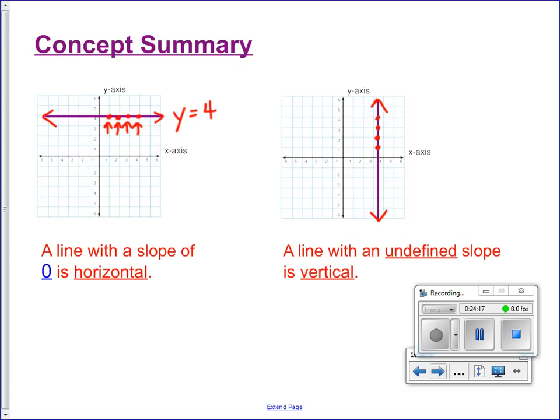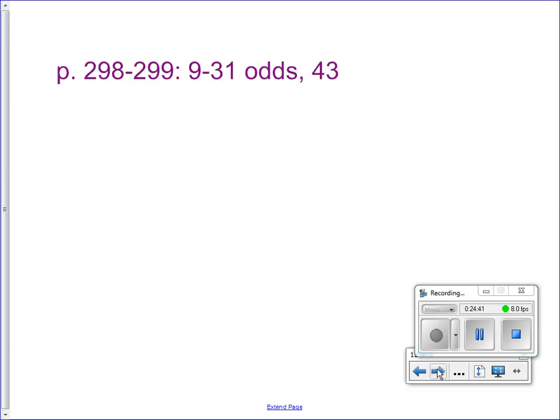This would be, we'll call that 3.5. So this would be 3.5, 1. This would be 3.5, 2. This would be 3.5, 3, and so forth. So the equation of this line is x equals 3.5, or 3 5/10, however you prefer to write it.